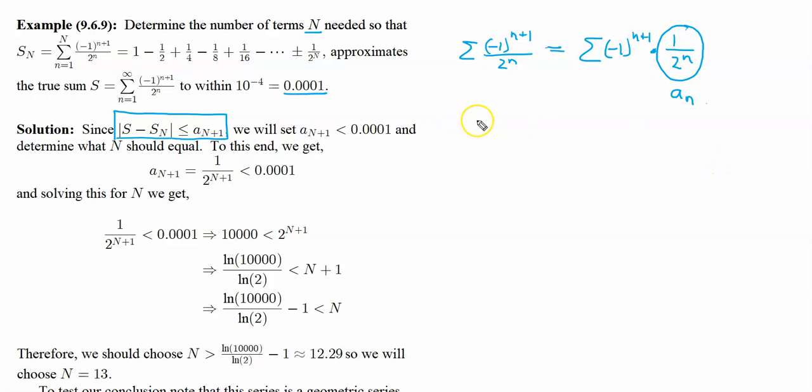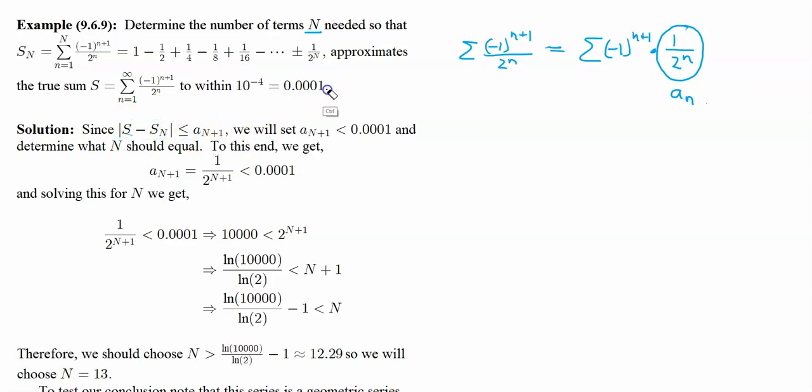From this inequality that we were told is true from the alternating series remainder theorem, we're going to set this less than the desired level of accuracy, 0.0001, and solve for that capital N. Once we solve this inequality for capital N, then we know that capital N will certainly satisfy this inequality, and then we'll have our answer.